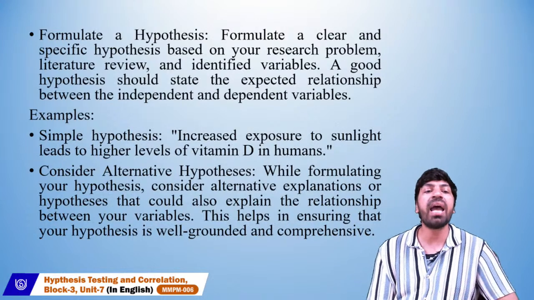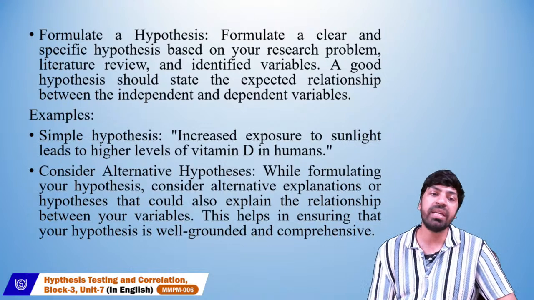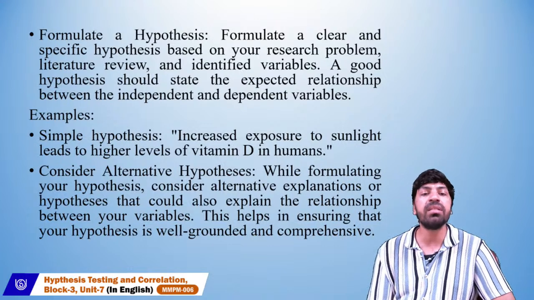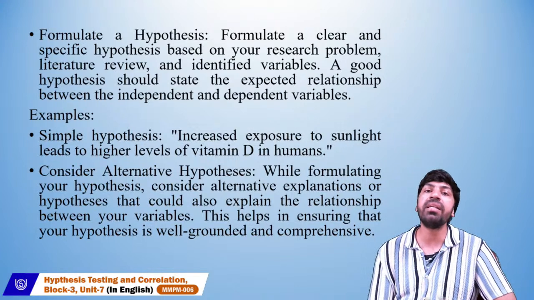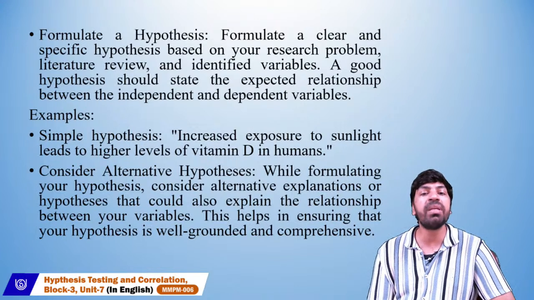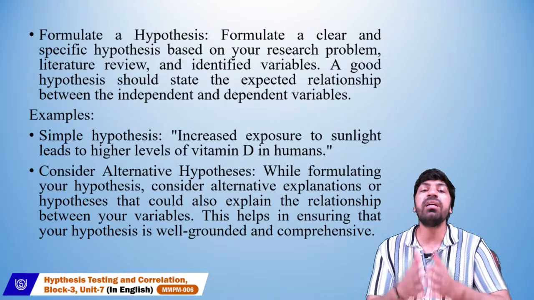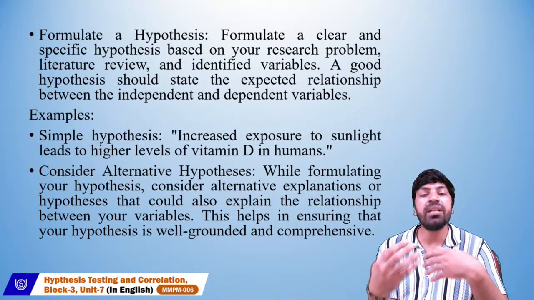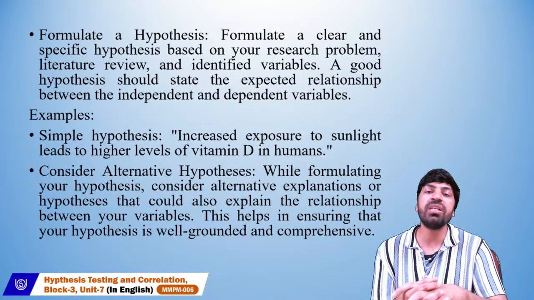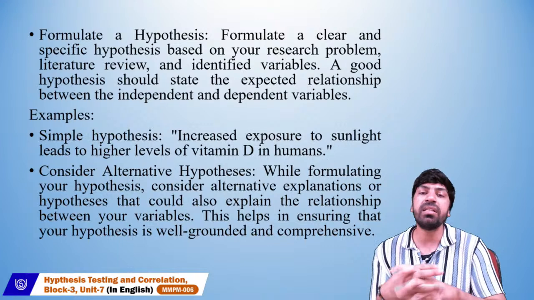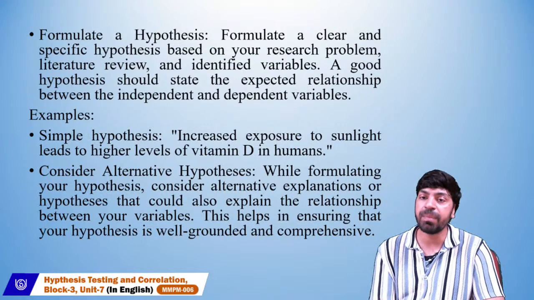For example, a simple hypothesis: increased exposure to sunlight leads to a higher level of vitamin D in humans. This is a declarative statement that you have to prove with sufficient evidence after collecting the data from the respondents or participants.